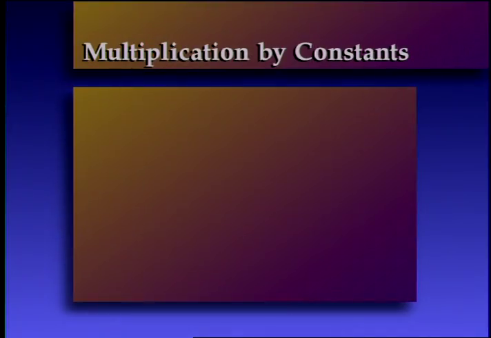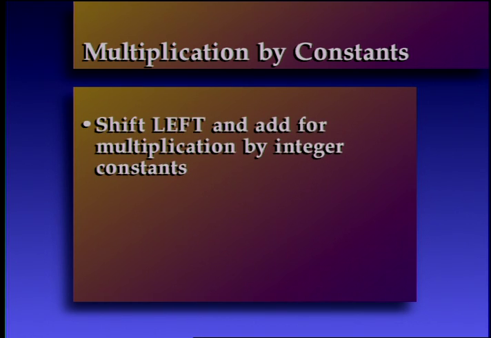Let's now look at these instructions in greater detail. For example, multiplication by constants. Word shift left and add instructions have always existed in PA-RISC processors, since the same functionality is used for load instructions which are indexed by unit size: 1 byte, 2 bytes, or 4 bytes. Shift left and add instructions are very useful for implementing multiplication by integer constants.